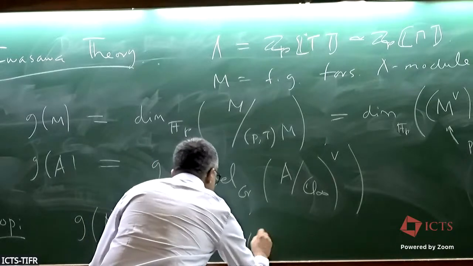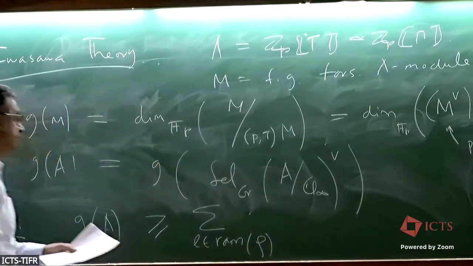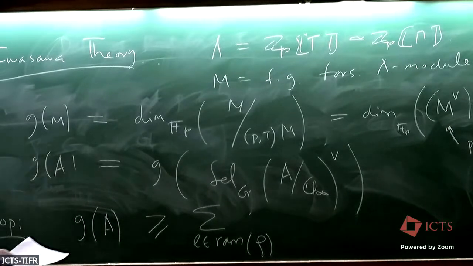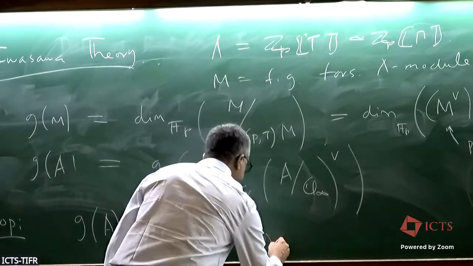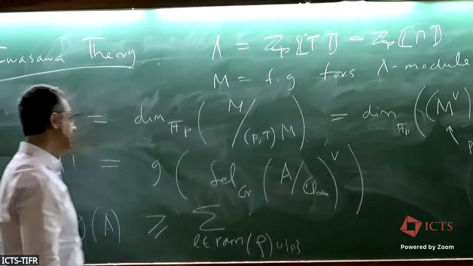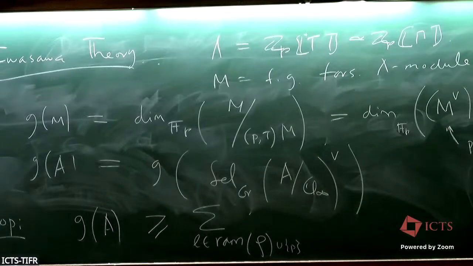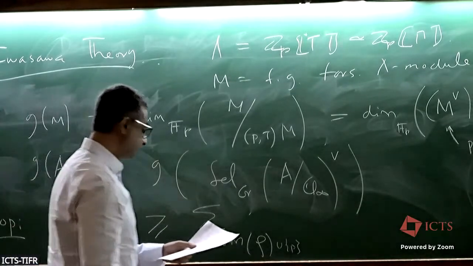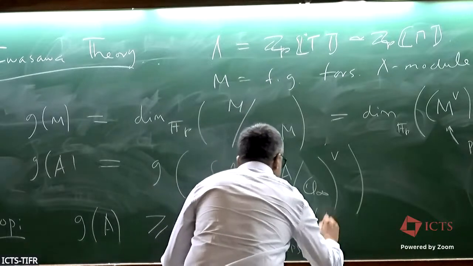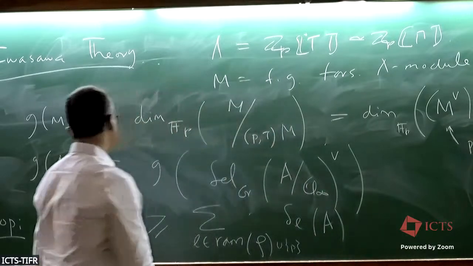The ramification of rho is the set of primes that ramify in rho. It's a finite set of primes. I may forget to include p here, but p is usually ramified anyway. I write it here explicitly, but p is in that set. So it's the sum of delta L_A's. That is the content of the proposition.